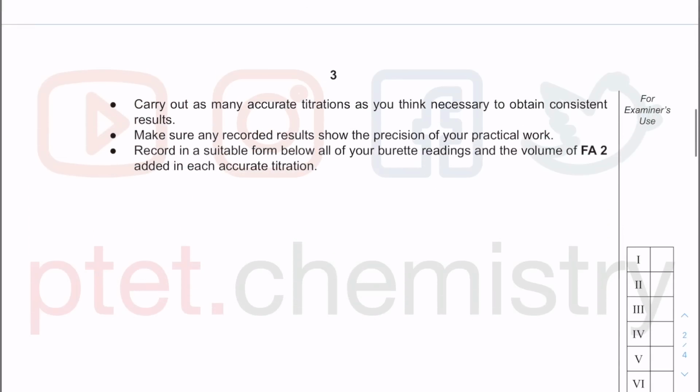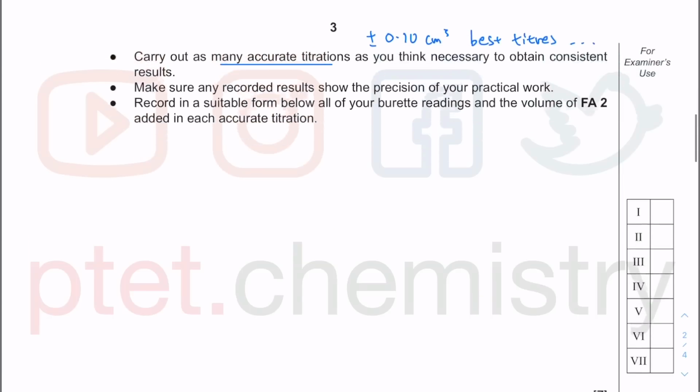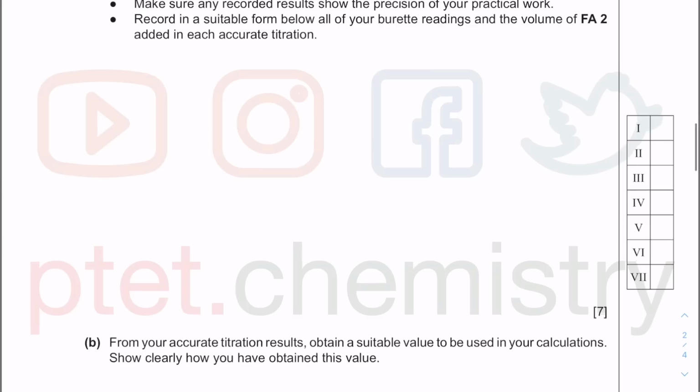Make sure your readings are then accurate, and usually it's 2 or 3 titrations which are plus or minus 0.10 cm cube for your best titres. These are your error margin there. Make sure you have the headers, the units, and you'll be marked on accuracy.